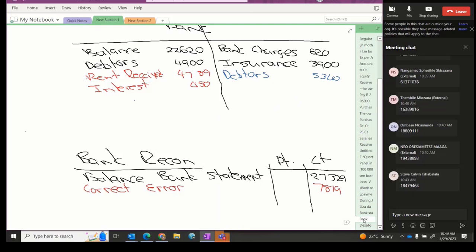The 3,200, remember now, if checks are issued, you made the entry already in your bank account, but the one check that you have to cancel, you're going to put back into your bank account.